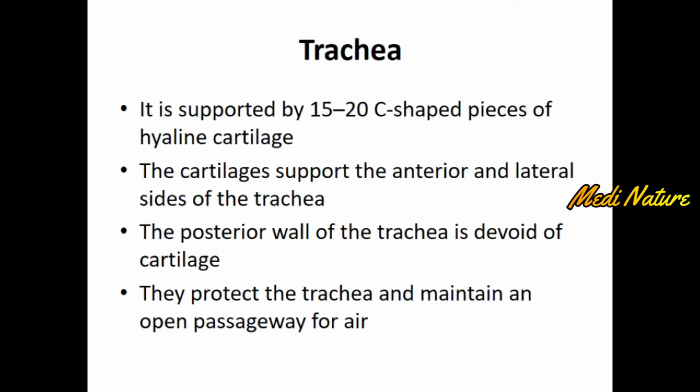As you know, hyaline cartilages are much more flexible than other cartilages, and also they are C-shaped. So this shape and the flexibility of the cartilages allow the expansion of the trachea when air goes through it.